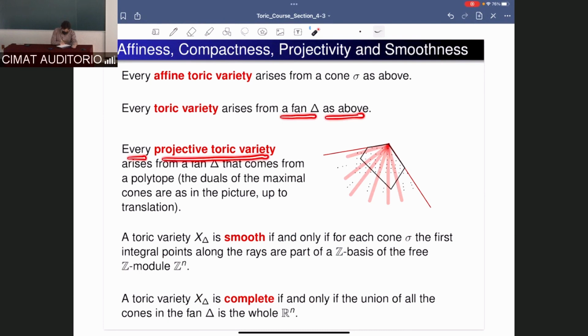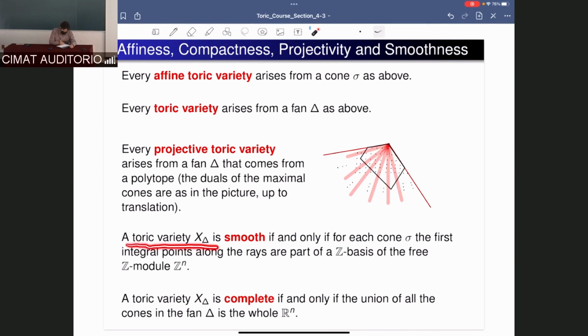All projective toric varieties arise from a lattice polytope. I should even add that word here. They arise from a lattice polytope with this construction of the normal fan, which can also be seen as the duals. The cones that you get out of each vertex are the duals of the maximal cones. If this is sigma dual, you take dual again to get sigma.